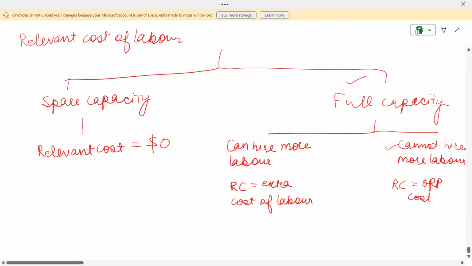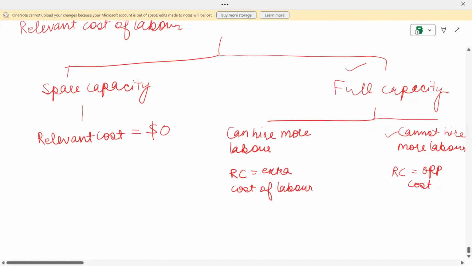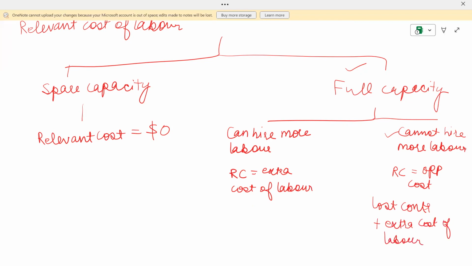If I do that, the relevant cost that arises is the opportunity cost, that means the lost contribution, and if at all I'm paying anything extra to the labor, the extra cost of labor. The sum of these two is going to give you the relevant cost in such a scenario.